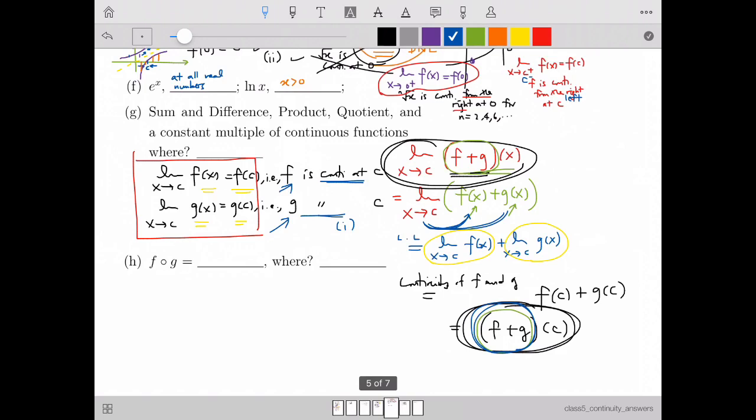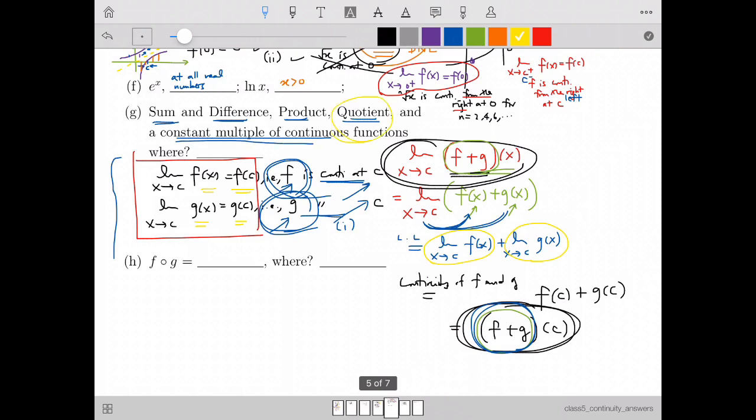Since we have limit laws for sum, difference, product, quotient, and constant multiple, by similar logic we can say if f and g are individually continuous, then at those points, its sum, difference, product, quotient, and constant multiple are also continuous. And for the quotient, we have to say the denominator is not 0.